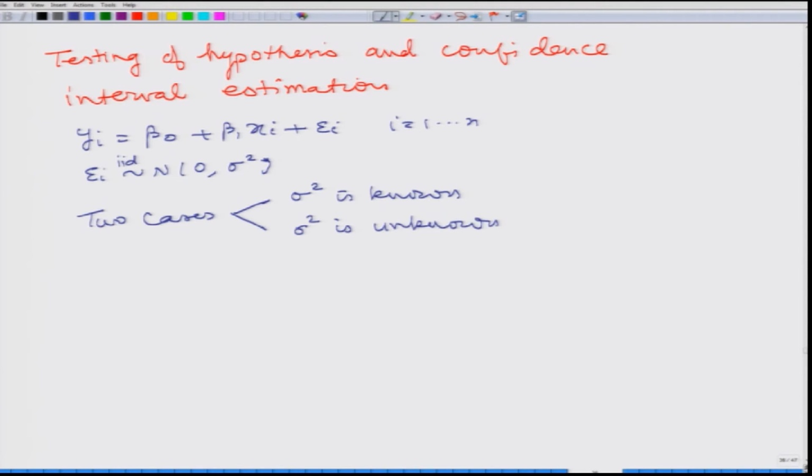Then we will try to develop three setups: one for beta 0, another for beta 1 and another for sigma square. So, we will develop the test of hypothesis as well as the confidence interval for these three parameters under the two cases, when sigma square is known and when sigma square is unknown.